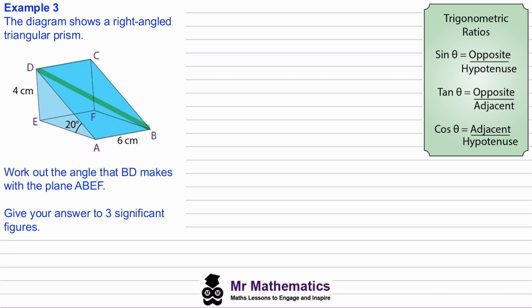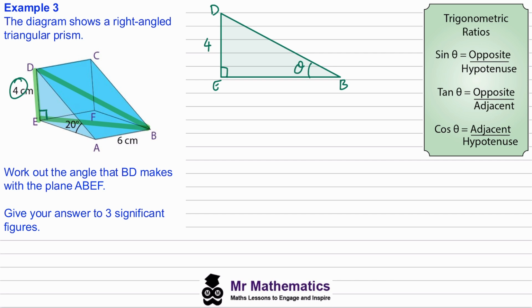So our right angle triangle will be from D to B to E to D, and our right angle will be at E. And we've been told that E to D is 4 centimeters. And we need to work out the angle at B.